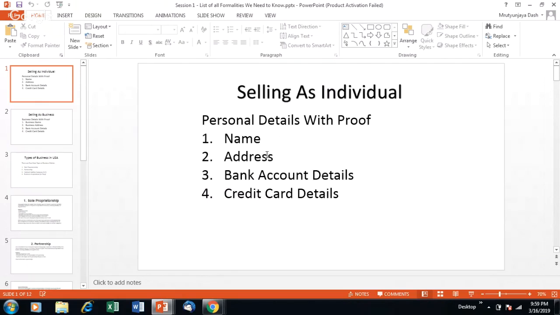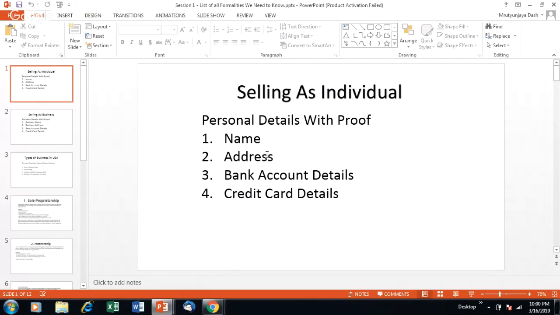For the name you mention, you have to provide supporting documents, which can be your Aadhaar card, or a passport, or any Indian government document which can be submitted. And for the address, it can be the Aadhaar card itself, since it has the address as well.